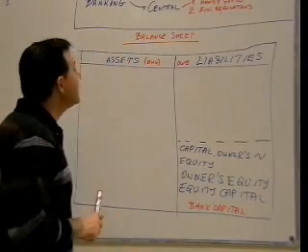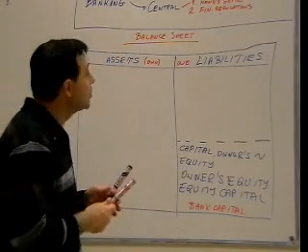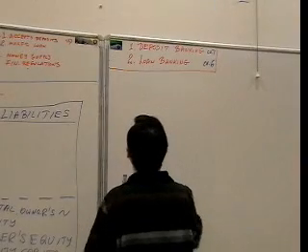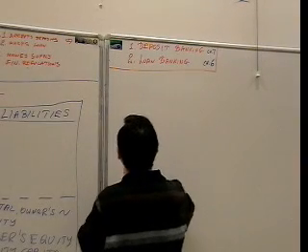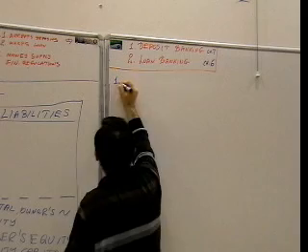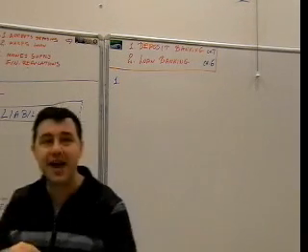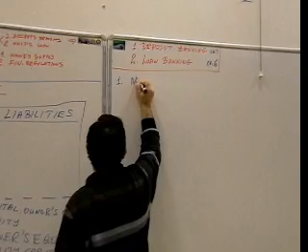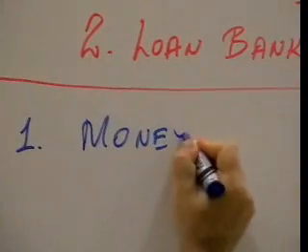All right, so loan banking, and with loan banking, let's see. The first example of a loan banking is what we call a money lender.